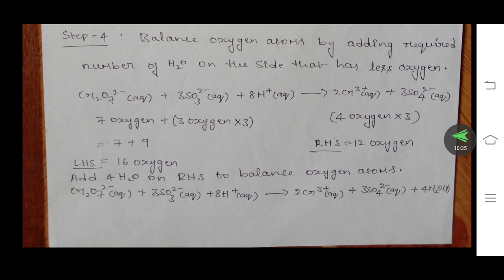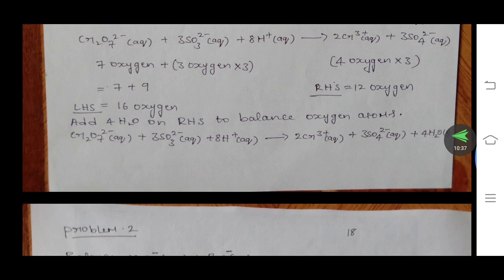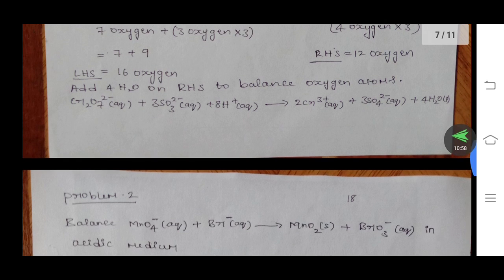That is right hand side. Now how many oxygen more in left hand side? 4 oxygen more in left hand side. Right hand side has 4 oxygen less. So that's why add 4 H2O on RHS to balance oxygen atoms. Okay, so I have to add 4 H2O on RHS. Okay, so on the right side you have to add 4 water molecules.